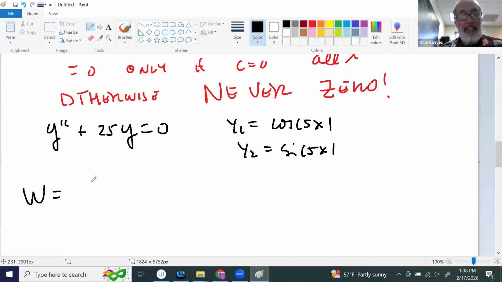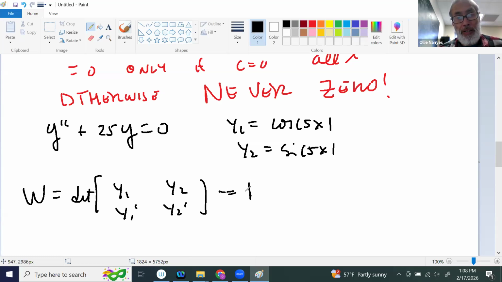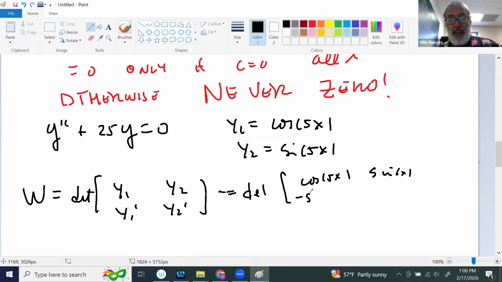The Wronskian is going to be the determinant of y1, y2, y1 prime, y2 prime, equals the determinant cosine 5x, sine 5x, minus 5 sine 5x, and 5 cosine 5x. Now let's use x as 0 because you can.